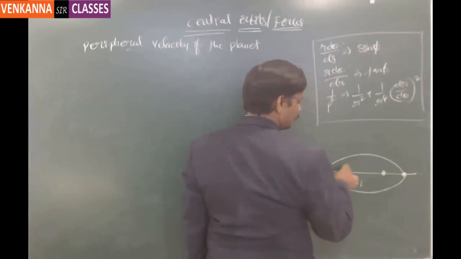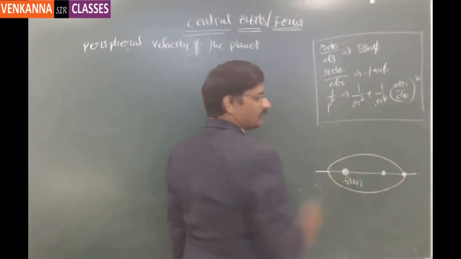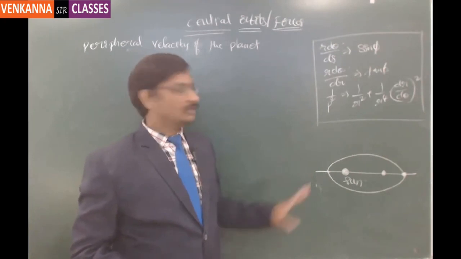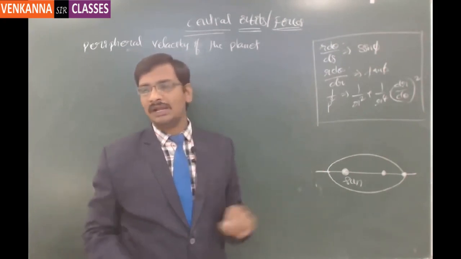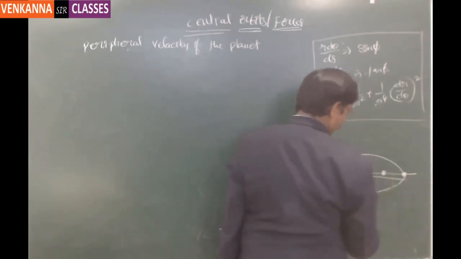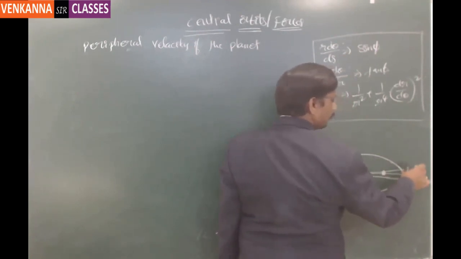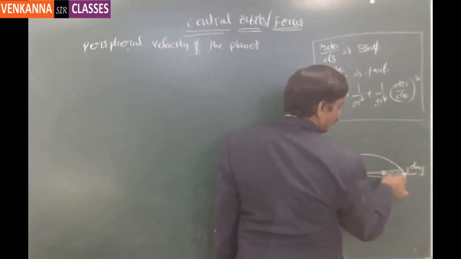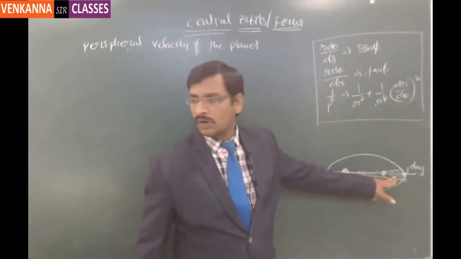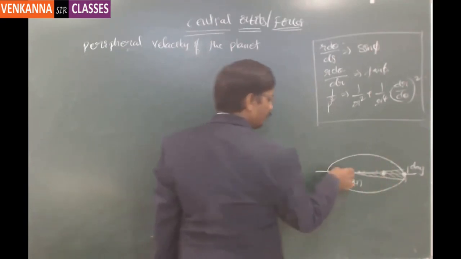Now if the planet is here versus if the planet is here, I explained earlier the rate of areal velocity is going to be constant for any kind of central orbit. So if the planet moves from here to here and it takes 1 day, then the radial vector covers an area of a certain quantity. The same quantity is going to be covered when it is moving from here to here.